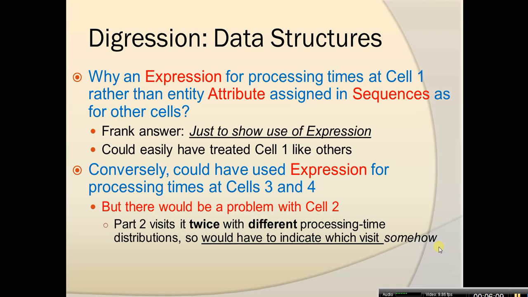So for cell 2, we really need to change this for the second visit so that the processing time is different, and that can only be done using the assignment in a sequence that I will demonstrate to you in a little bit.